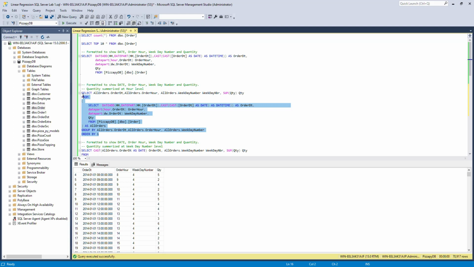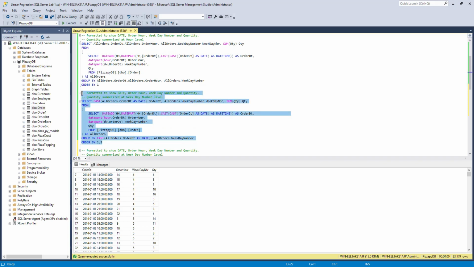That's the order. So I went ahead and summarized the data again, and this time if you notice, all the orders between 8 and 9 a.m. are now rolled up, so the hour is showing as 8, the weekday remains as it is, but now the quantity is summarized.